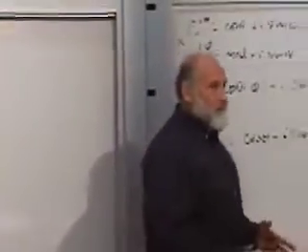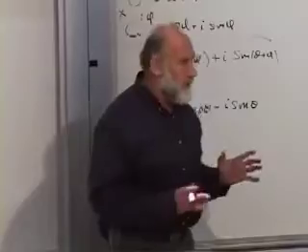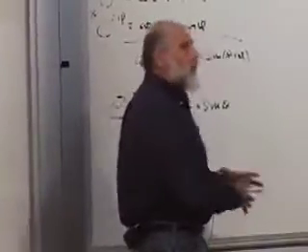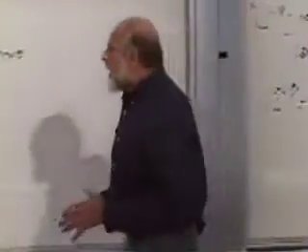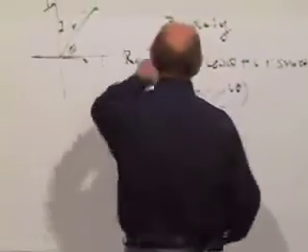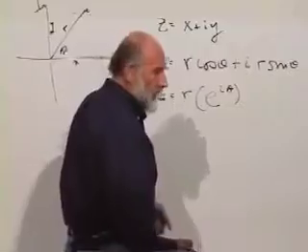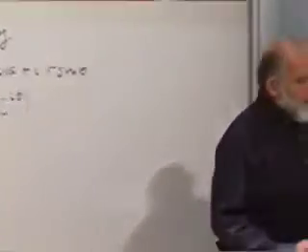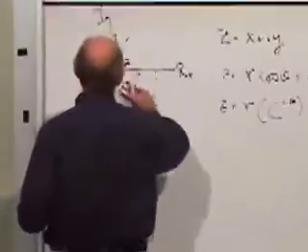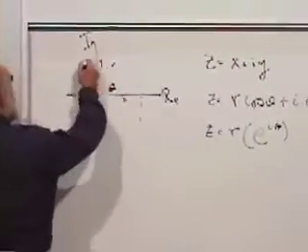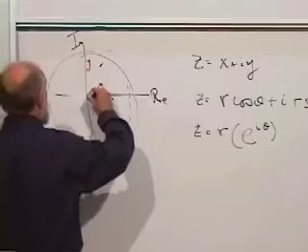Remember, a number times its complex conjugate is just the sum of the squares of the real and imaginary part. And so the numbers which have the form e to the i theta are numbers for which x squared plus y squared is equal to 1. In other words, they're numbers on the unit circle, on the circle of radius 1.